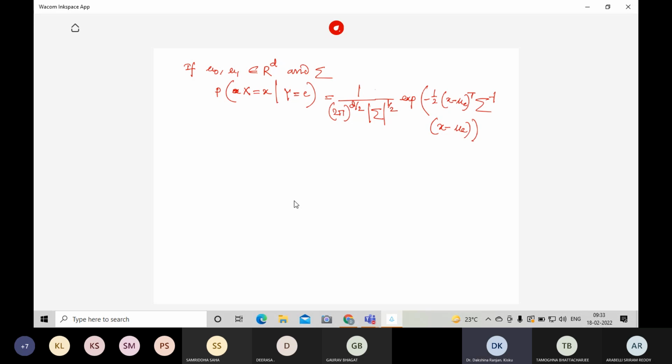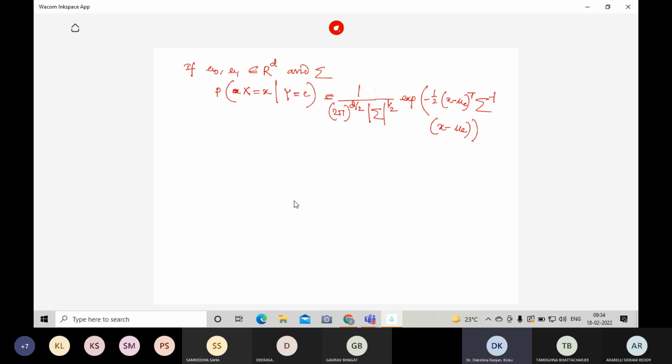This is the equation for the estimated class density: the probability of X equals small x given the class information is found to be equal to the Gaussian or normal distribution.